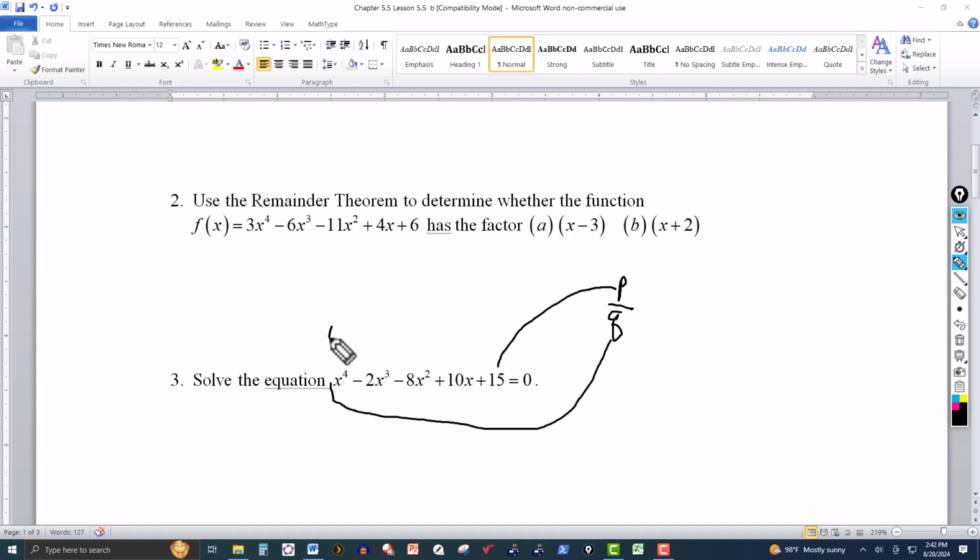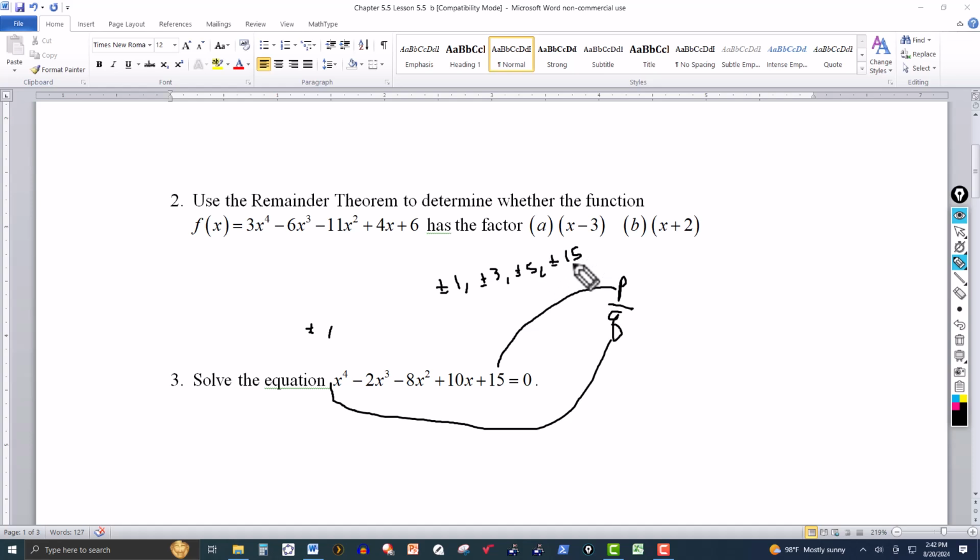This is a 1. The only factors of 1 are plus or minus 1, and the factors of 15 are plus or minus 1, plus or minus 3, plus or minus 5, plus or minus 15.